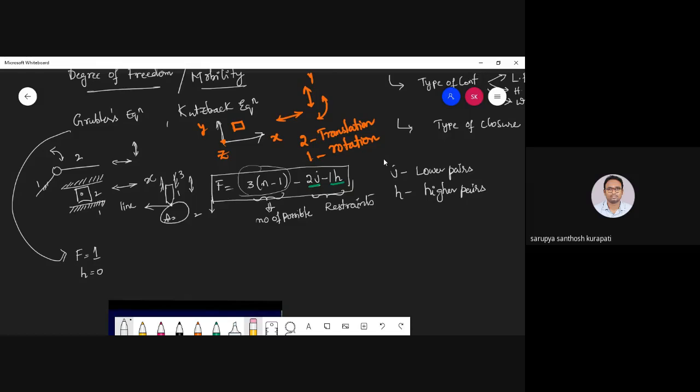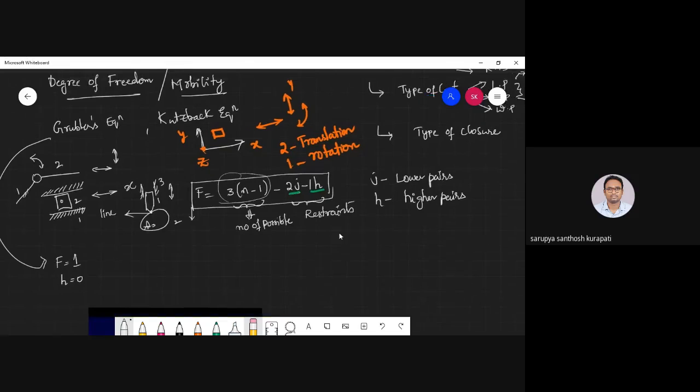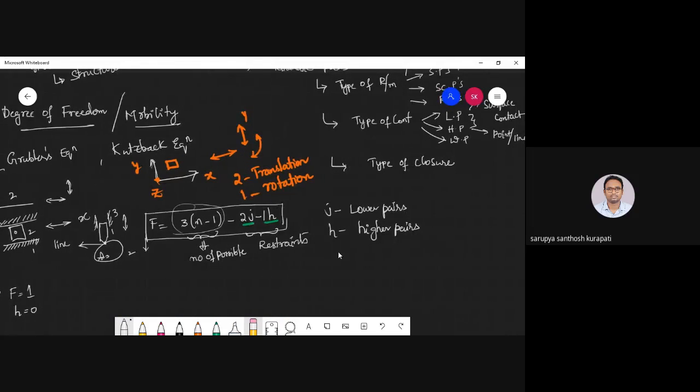Then we discussed simple mechanisms. The first simple mechanism we discussed is the 4-bar mechanism. The next is the single slider crank mechanism.